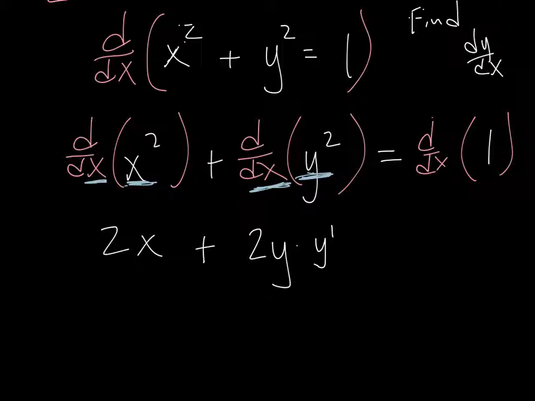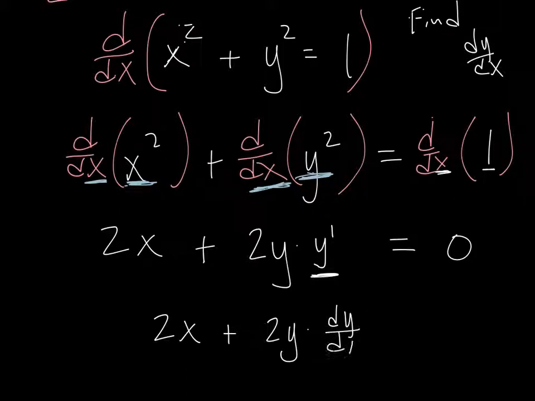Then I can take the derivative over here of 1. The derivative of a number is going to be 0. But I don't want to use y prime, which is what we've been doing when we use the chain rule. I want to write this as 2x plus 2y times dy/dx equals 0.